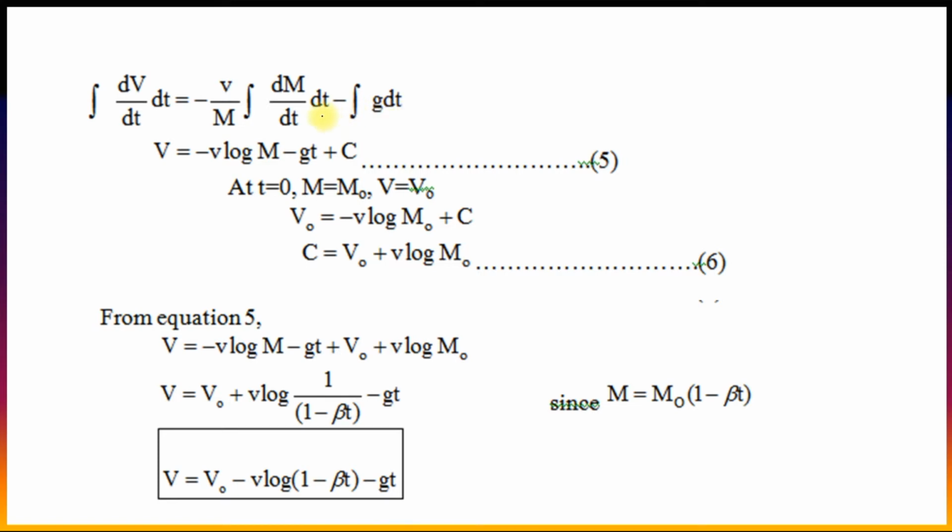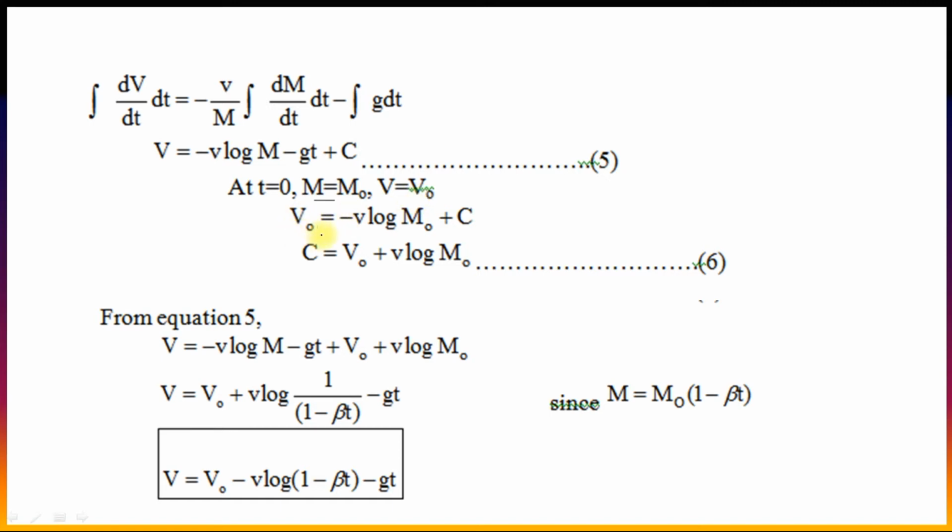Here we have divided the terms by capital M, and then on integrating we will get v is equal to minus v log m minus gt plus c. At t is equal to 0, m is equal to m naught. So at the initial time the mass becomes the initial mass and the velocity becomes the initial velocity.